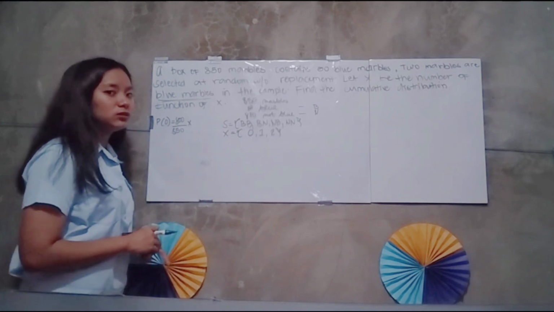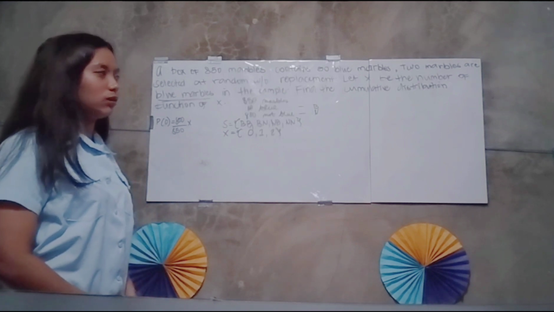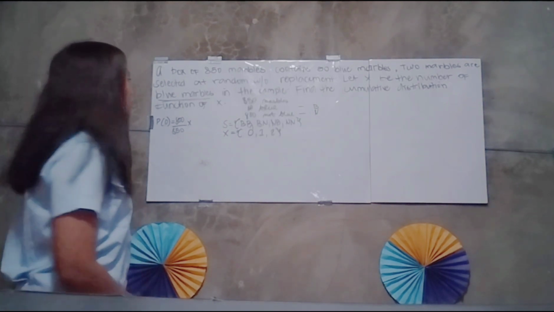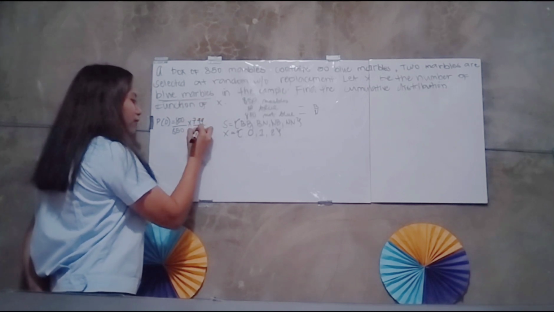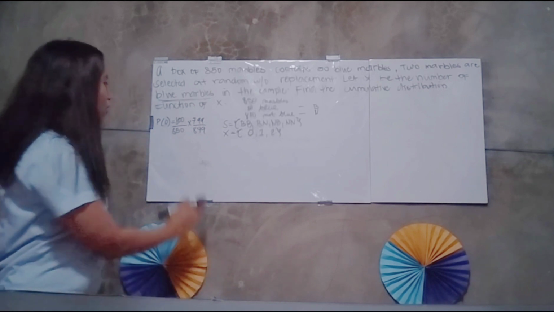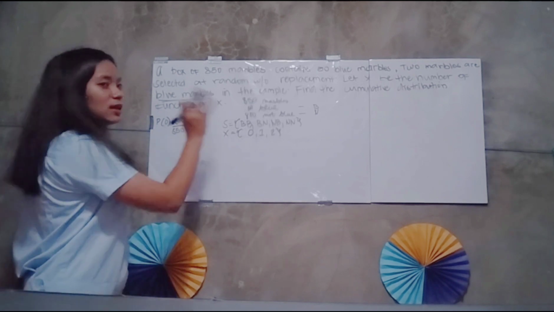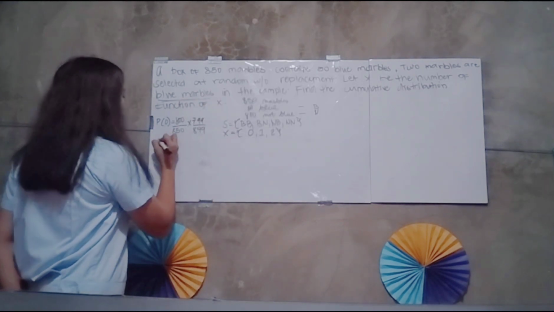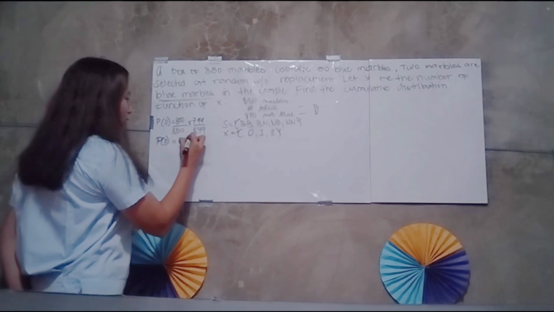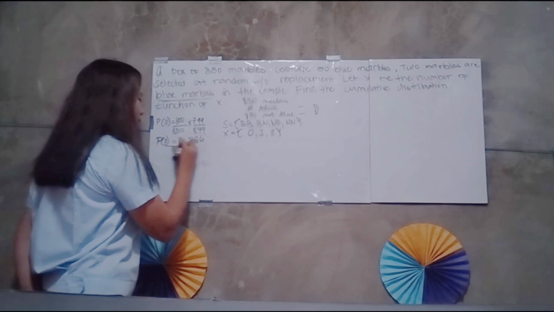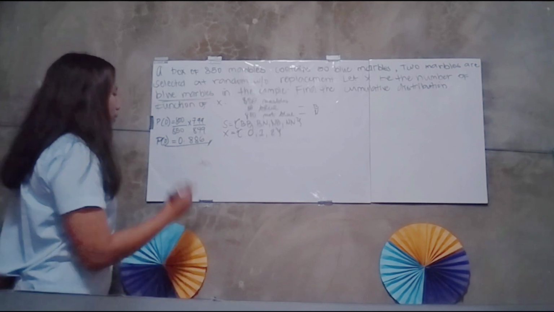Because in this situation, we have the limit that there is no replacement in the second selection of marbles. So we multiply by 799 over 849, because we have already taken one marble in the first selection, so the marbles are reduced in the second selection. P of 0 is equal to 0.886. So here is the probability of the random variable 0.